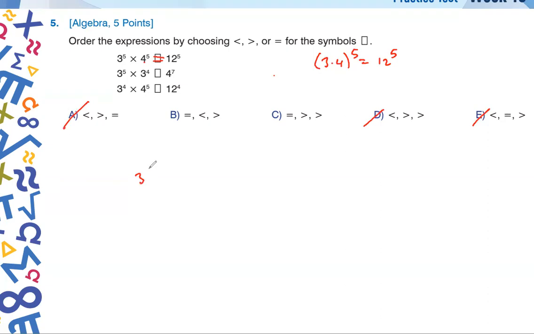So 3 to the 5th times 3 to the 4th can be written as 3 to the 2nd times 3 to the 3rd times 3 to the 4th. The reason I'm doing this is because I like to write the 7th power of something. So for the product of this part, since we have the same base, I can add the exponents. So that should be 3 squared, which is 9, and then this is going to be 3 to the 7. And this is the left side of the second part.